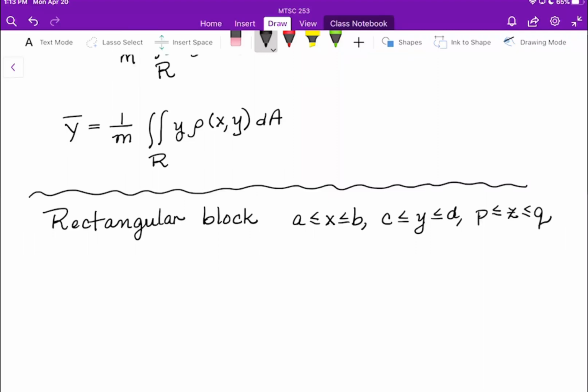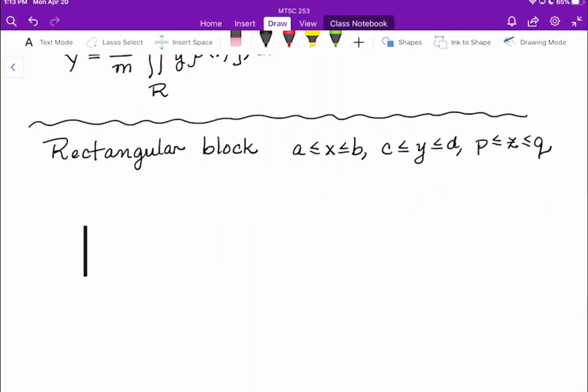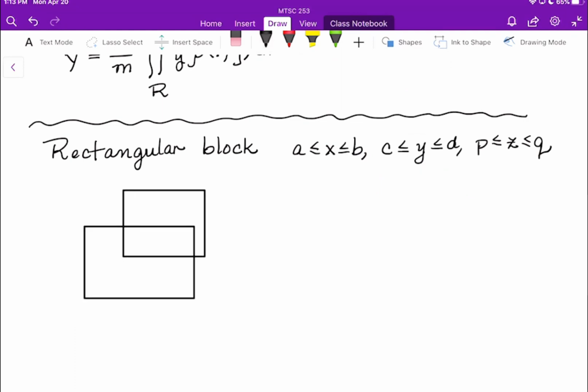So I'm going to take my rectangular block. So here's a rectangular block.